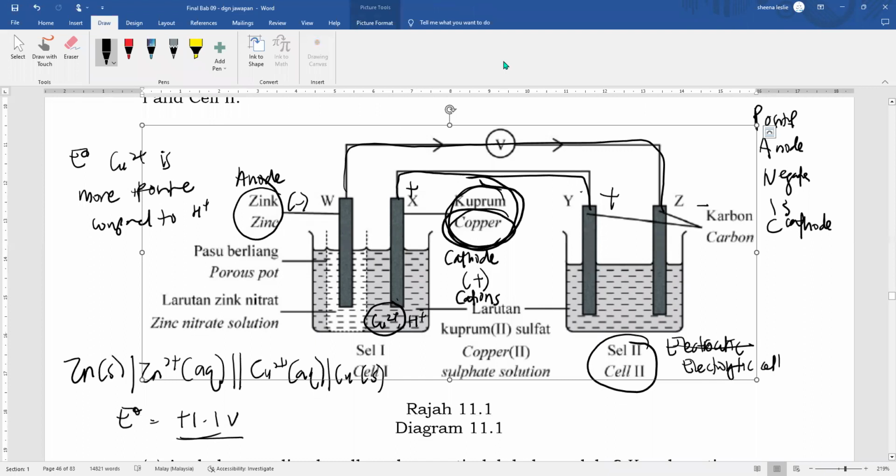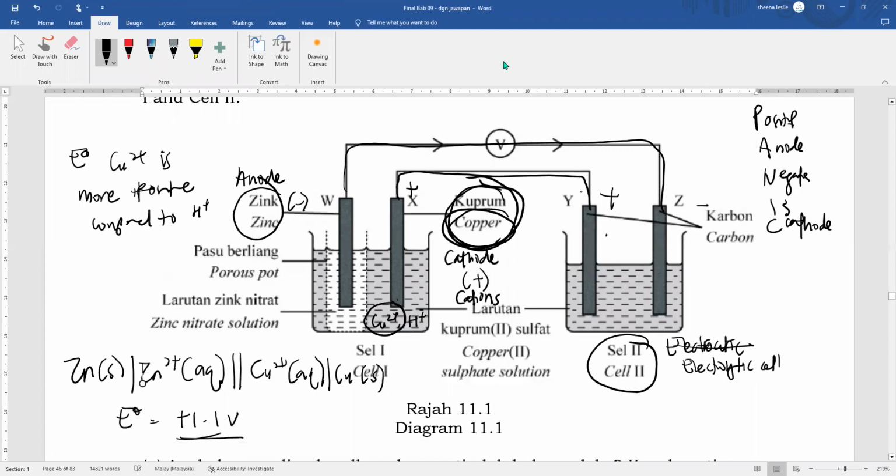But this one is a carbon electrode, so actually you're wrong. We are doing carbon electrode. So when teacher has a carbon electrode, this is my anode and this is my cathode. Now in my cathode, teacher will still have my cations going to my cathode. Who are my cations here?